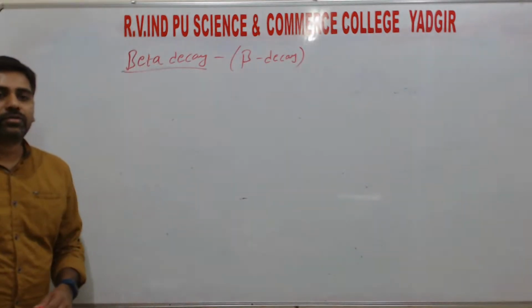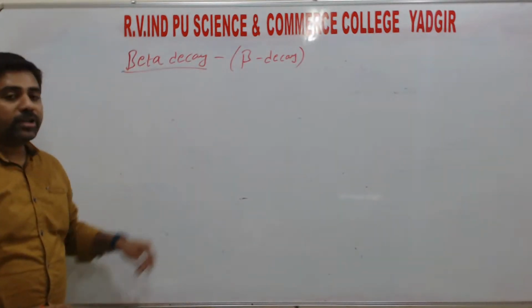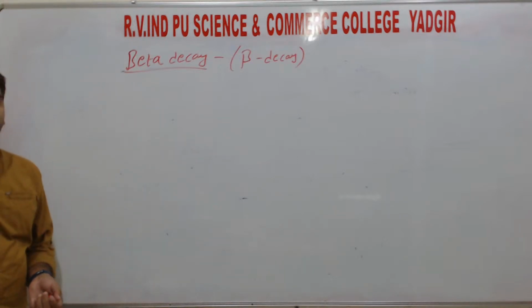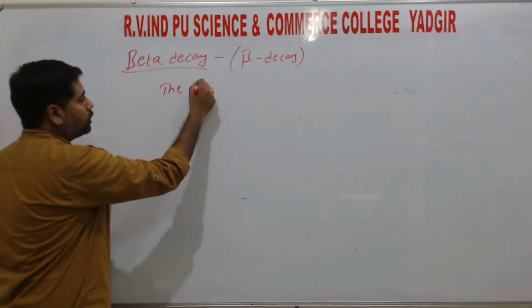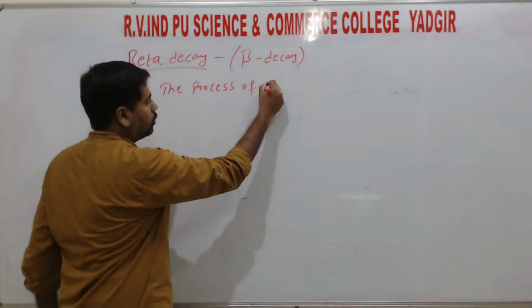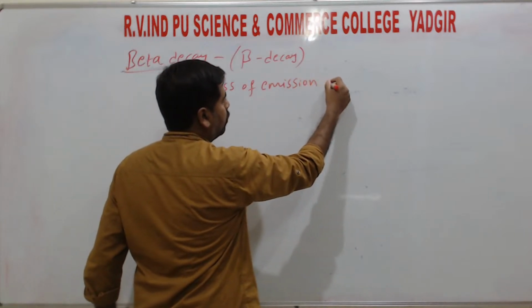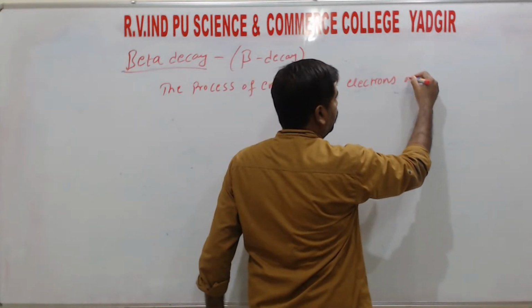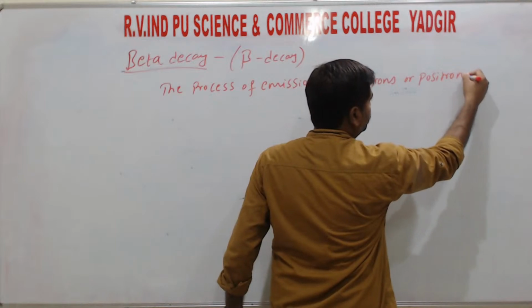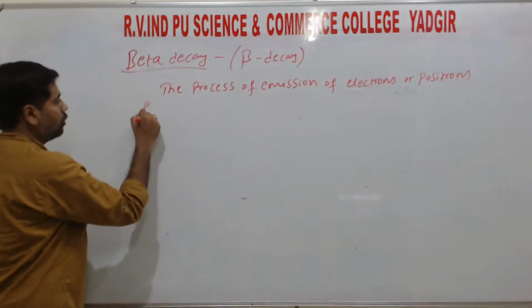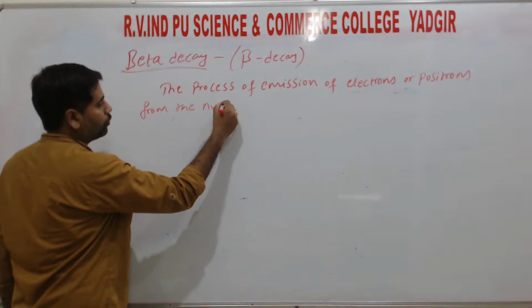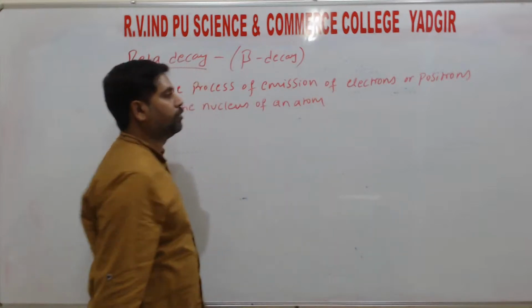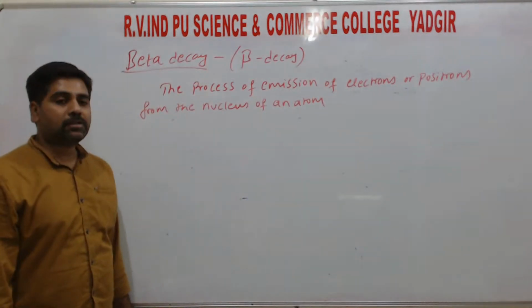In beta decay, the process of emission of electrons or positrons from the nucleus of an atom, that process we call beta decay, right?